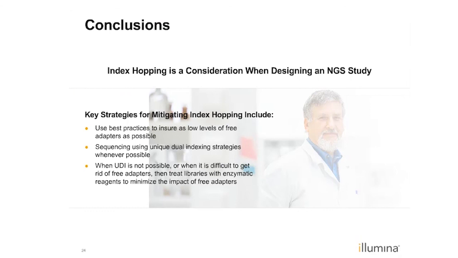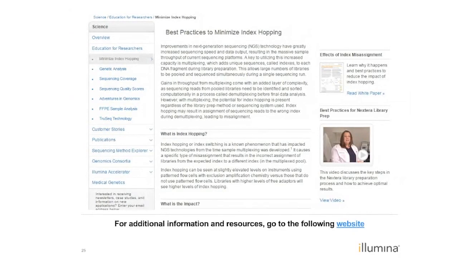Whenever possible, use unique dual indexing strategies for sequencing. And when unique dual indexing is not possible or when it is difficult to get rid of the free adapters from certain preps, then we are going to make these library treatment enzymatic reagents available over the next month or so to minimize the impact of free adapters in your standard preps.